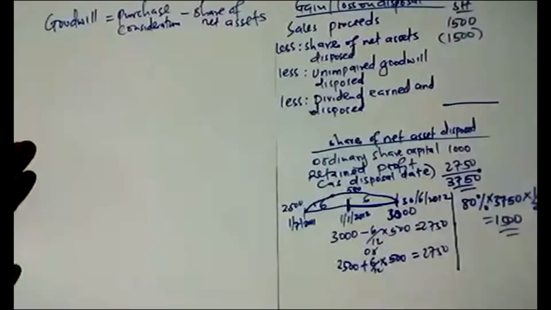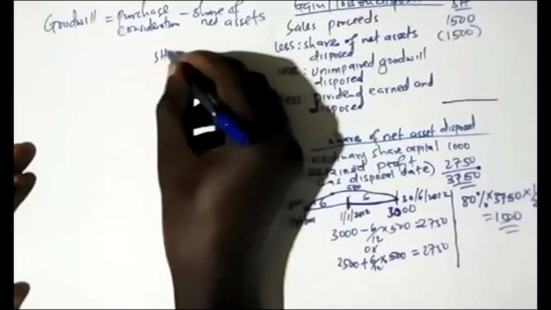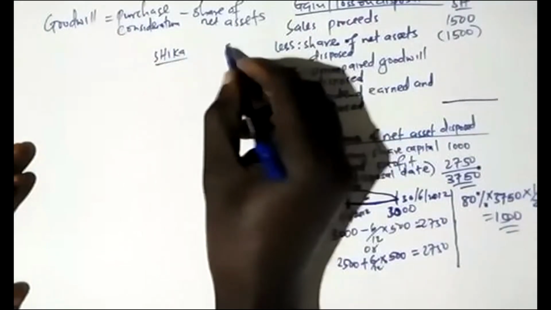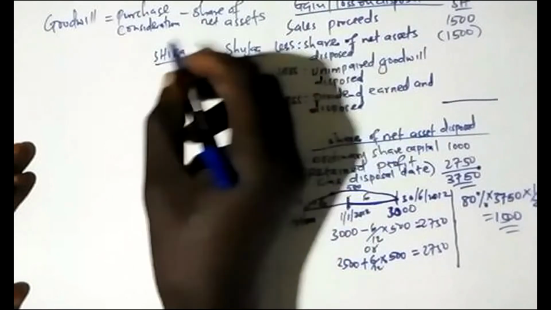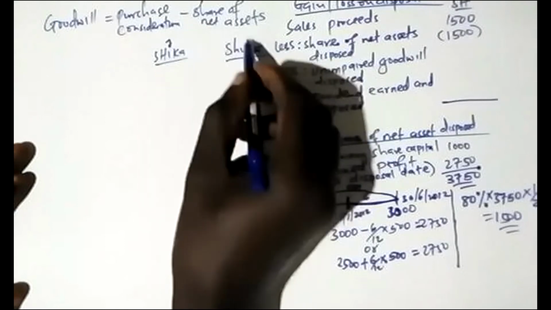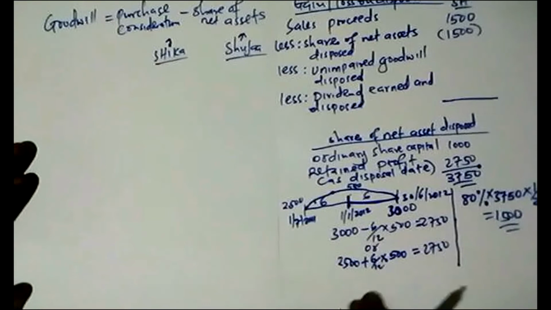Since it's a partial method, I can do both companies at the same time, Shika and Shuja, because the goodwill from Shika will go to the parent, and this one is to the parent as well. There is nothing going to the NCI. So I can do both companies at the same time.